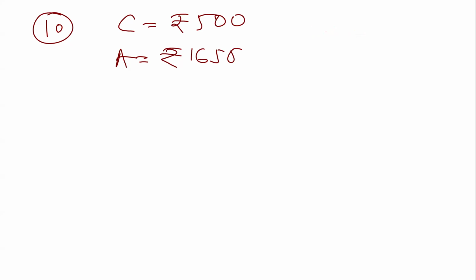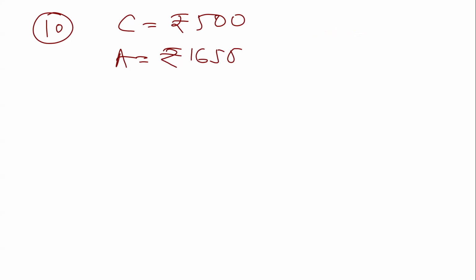We can put the value of I as 10% over here. So 1655 = 500 upon 10%, so that we can cross multiply these values on the left hand side. That will be a better option. And this is (1 + 10/100)^n - 1. This I have cross multiplied.